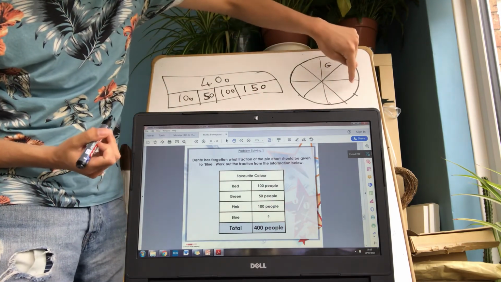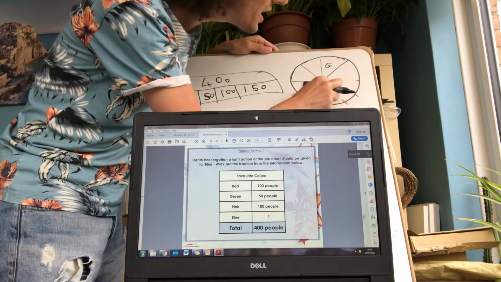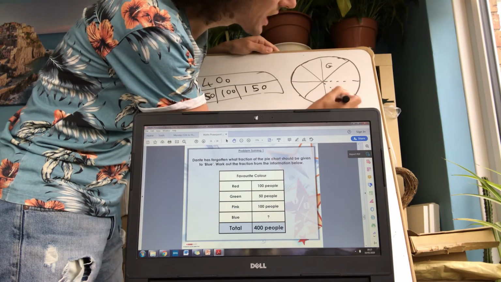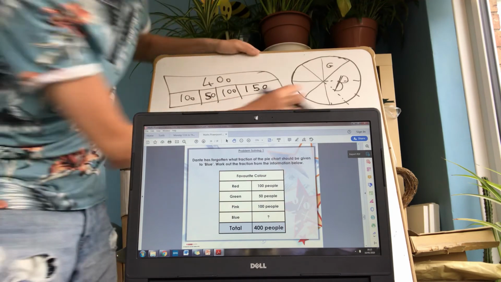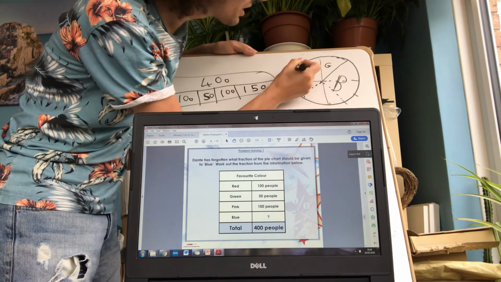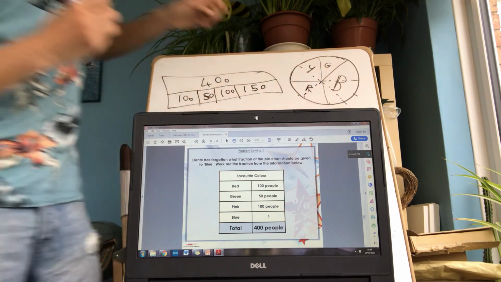So blue was 150. So 1, 2, 3. So all of this will be, let's do dots for them, that will all be blue. And then the other two at 100 each. So let's make yellow and red have 2 sections of 50.